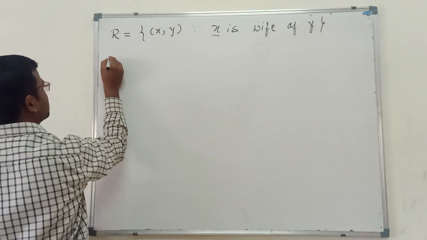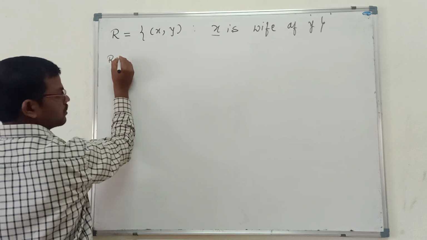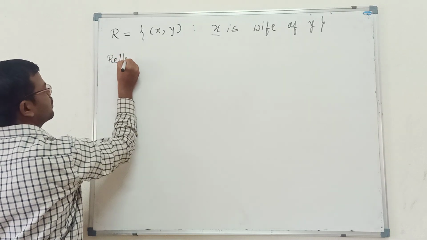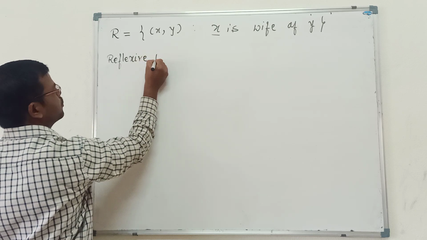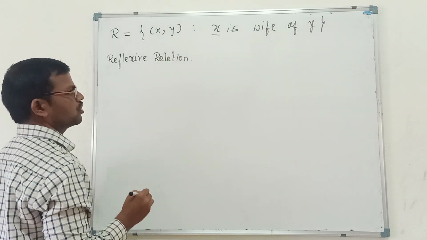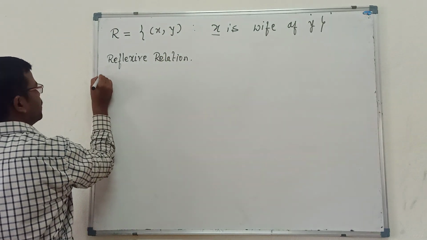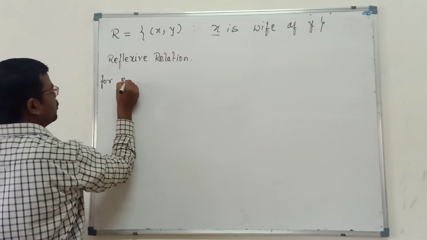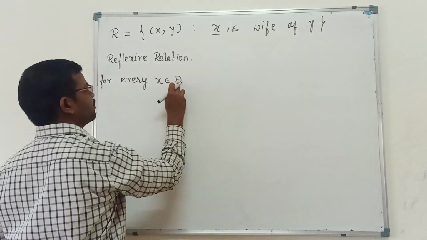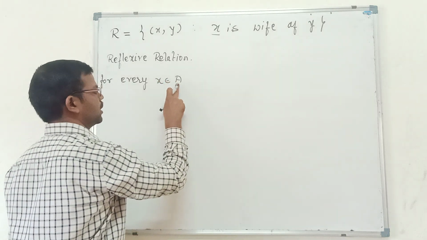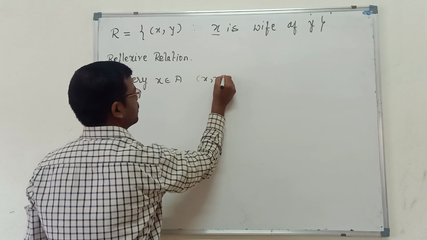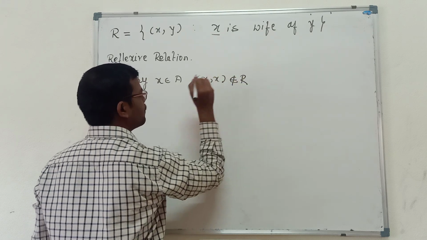First, the reflexive relation. For every x belonging to A, x is a person in that town at a particular time. So (x, x) does not belong to R. Why?